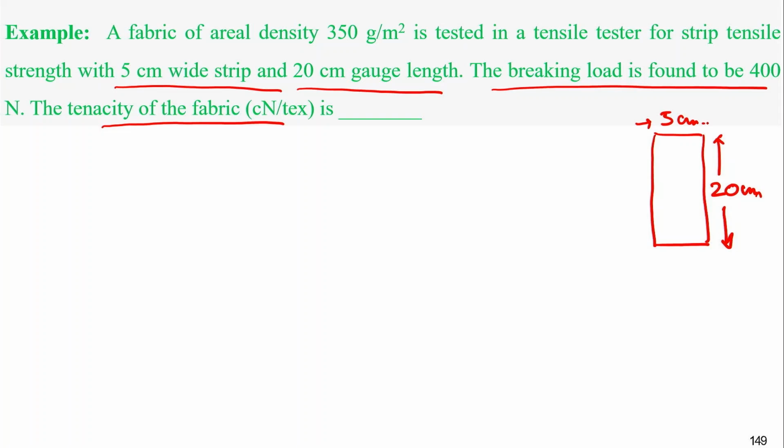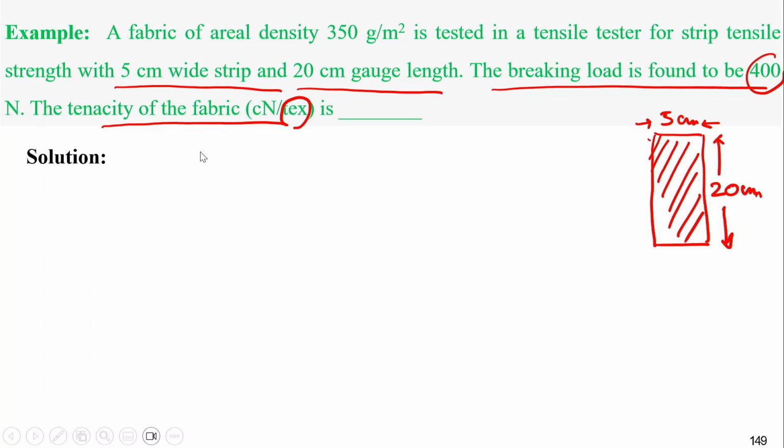The breaking load is given 400 Newton. So, first we have to calculate the tex of the material, because we have to calculate in centinewton per tex. So, it is a linear density.